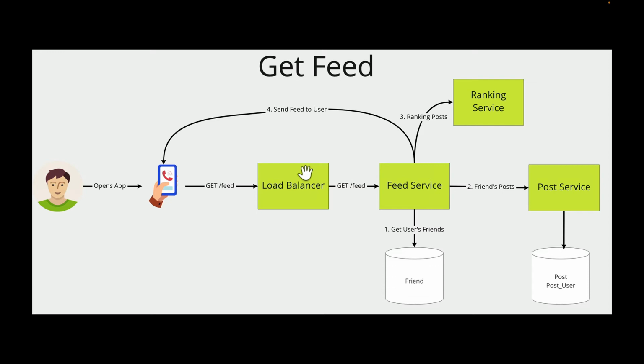Every time a user loads a feed, the service will have to make all the different HTTP calls we talked about, interact with all the different services, form this whole payload, and then send it to the client. Similarly, even the post service and the ranking service, their job is going to get quite difficult because they would have to do all this computation every single time a user wants to go to their feed.